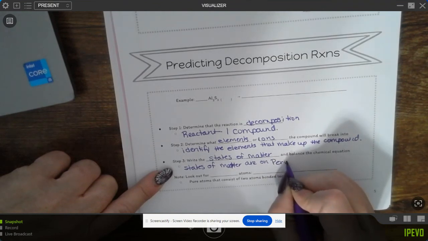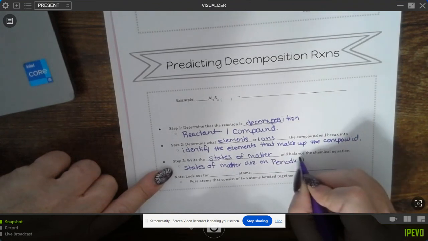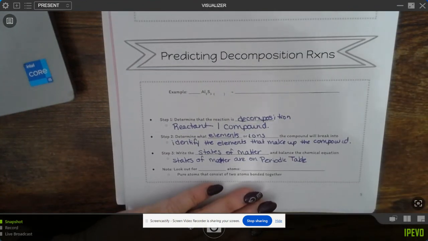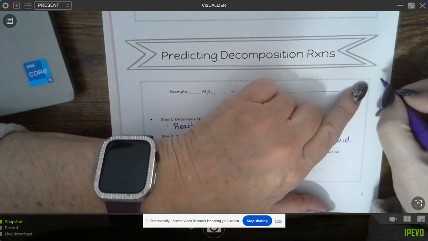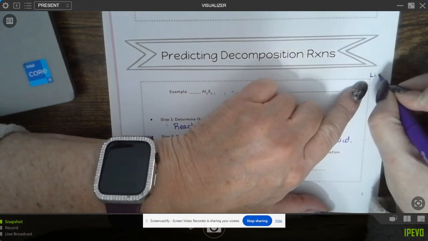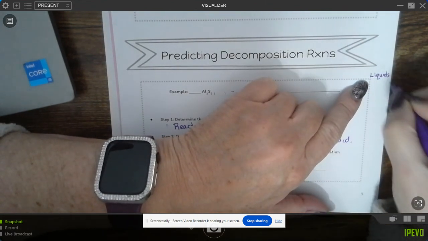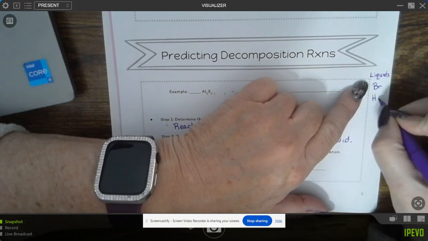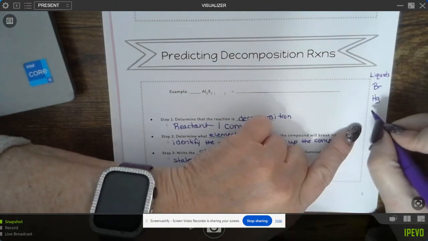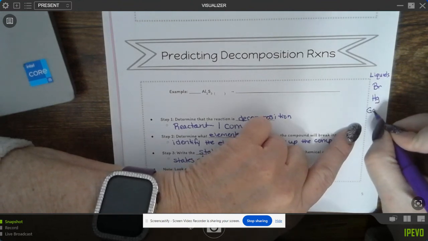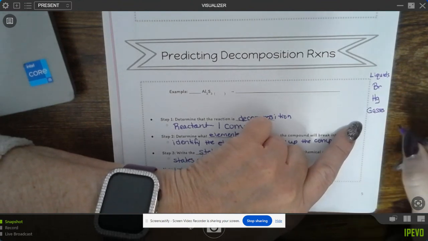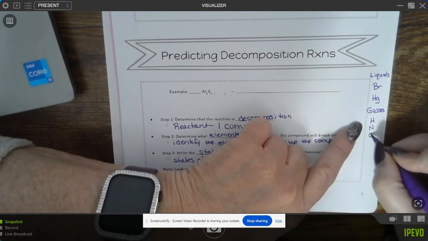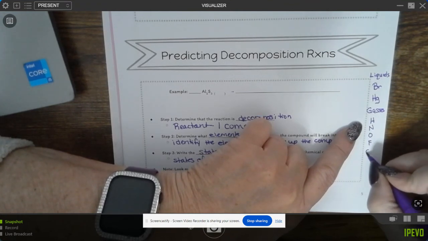I talked about this briefly in the synthesis reactions, but there are only two liquids on the periodic table, and those are bromine and mercury. And then gases, there's not that many. We have hydrogen, nitrogen, oxygen, fluorine, chlorine.